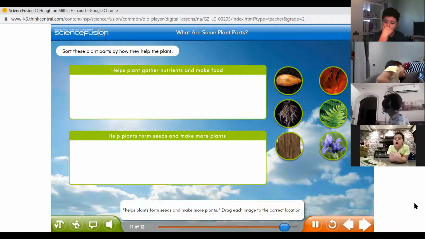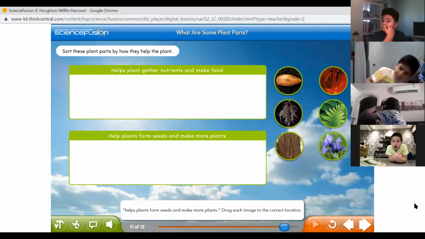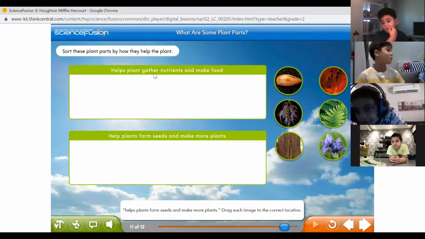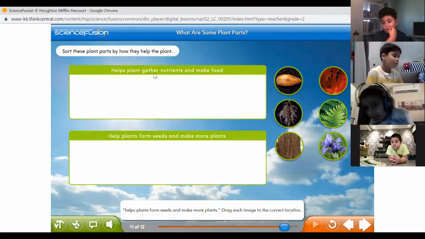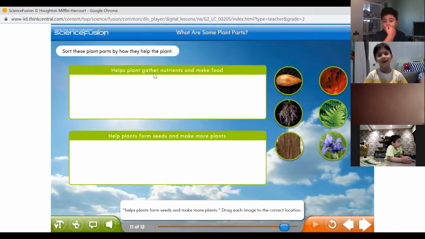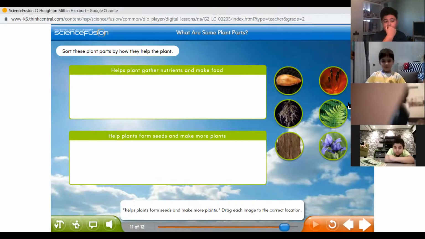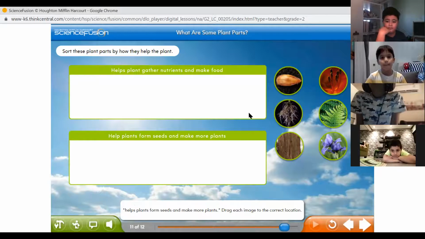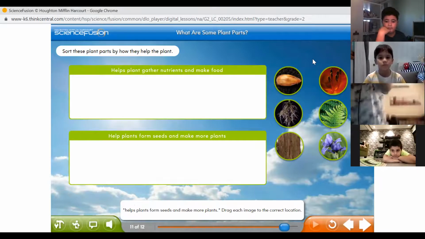Okay. Drag each image to the correct location. So which part will gather nutrients and make food, and which part is going to make more plants? Who wants to answer? This seed, will the seed help you make more plants or make food?